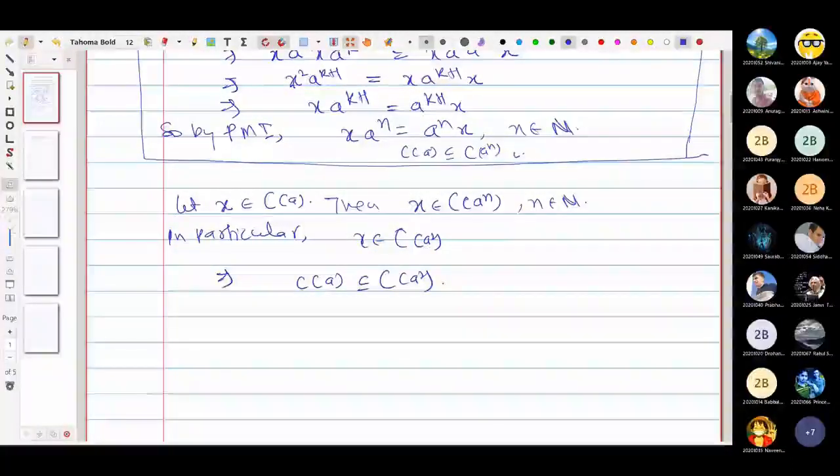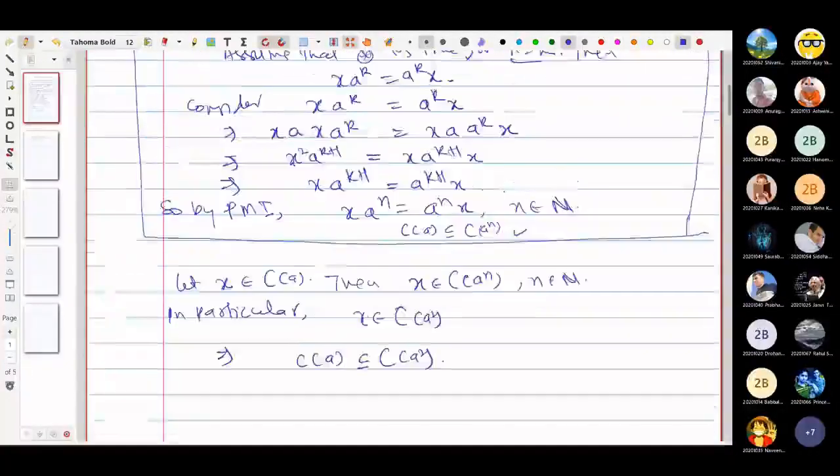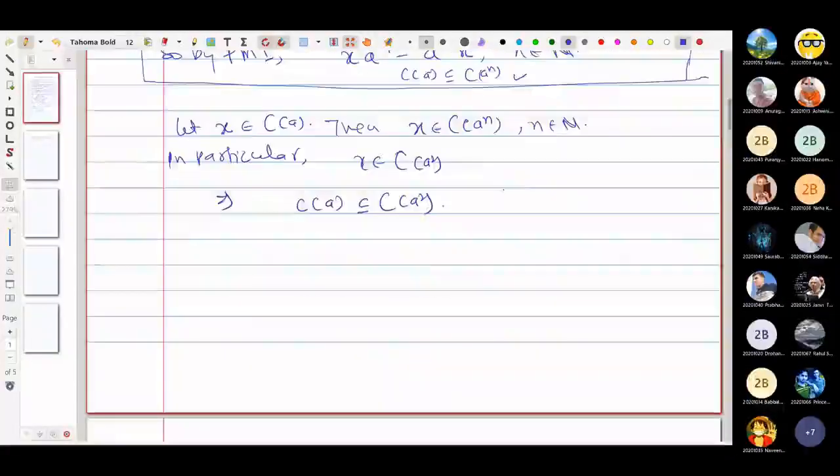You may be asked to prove this, so that's why I told you that you should know the general proof for this. But in particular, our proof is starting from here. So we have this, and let us call this inclusion number 1.